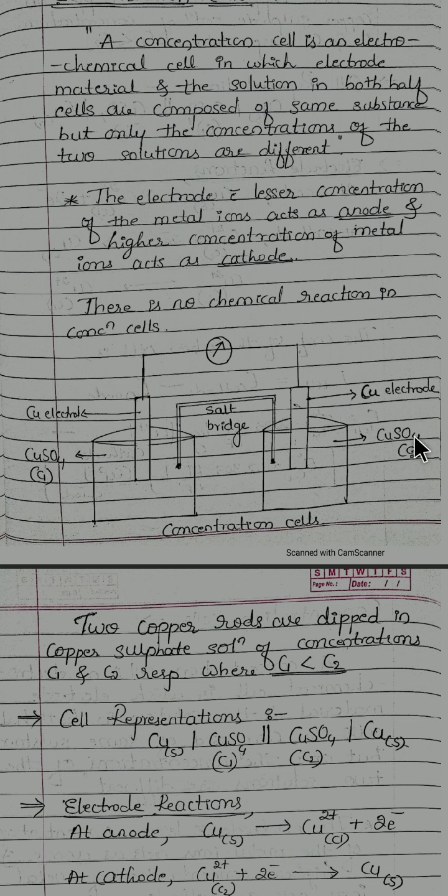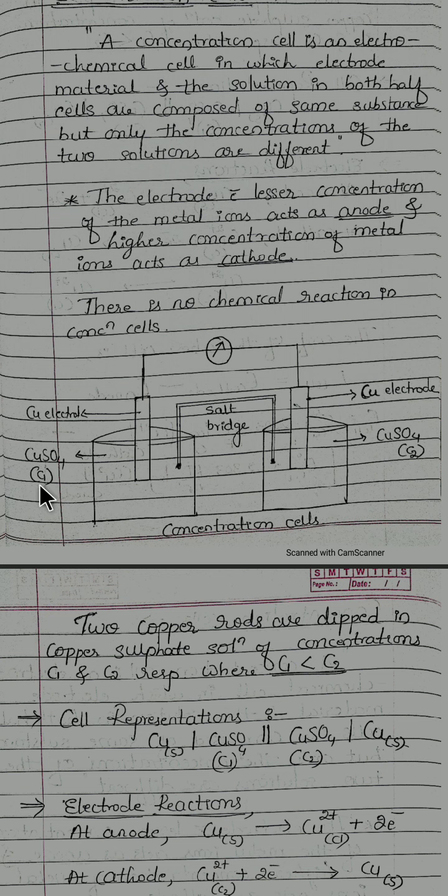But the thing you can notice here is that this copper sulfate has the concentration C1, and this copper sulfate has the concentration of C2. So this figure is telling that your copper electrode on both sides is dipped in the same solution but at different concentrations.